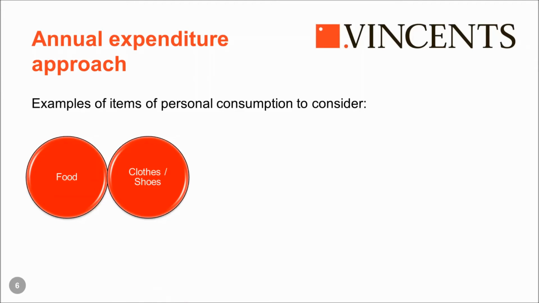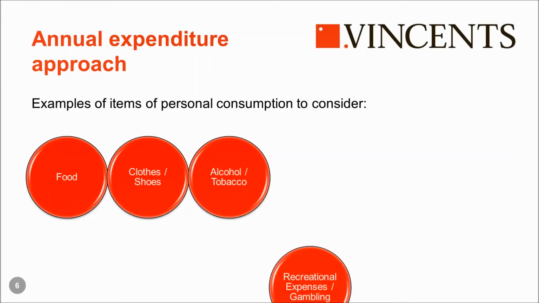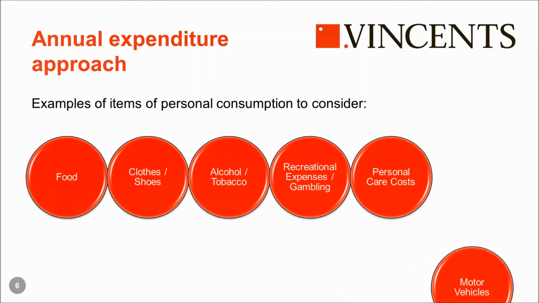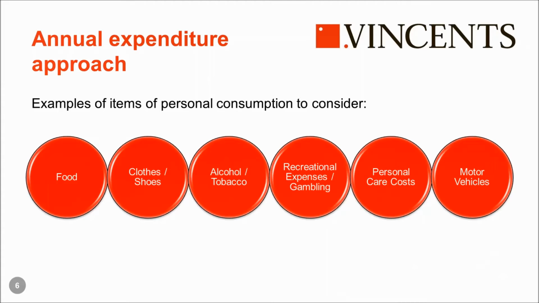Other examples include clothing, alcohol and tobacco in instances when the deceased either drank or smoked, recreational expenses, personal care costs, and motor vehicles if the deceased had his own motor vehicle. Now, typically when we receive instructions surrounding actual expenditure, we go through our instructions and we divide each category of expense into either divisible or non-divisible.